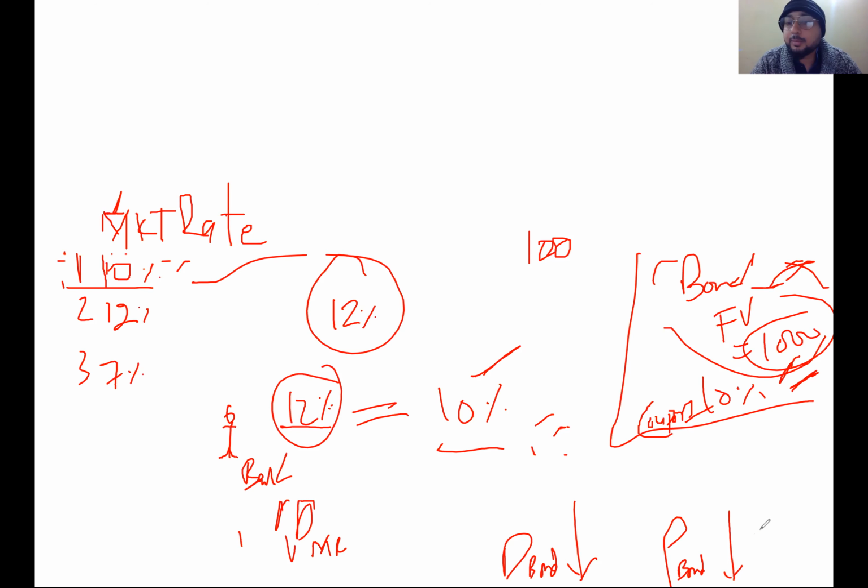For example, and there's a formula for that, if the bond price is 800, I am ready to buy. So what we have learned from here is that when the market interest rate is higher and the company coupon rate is lower, the bond value decreases, or in accounting or finance terms, we say the bond is now traded at a discount.